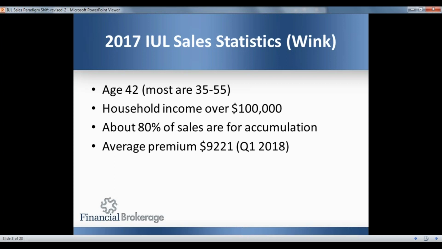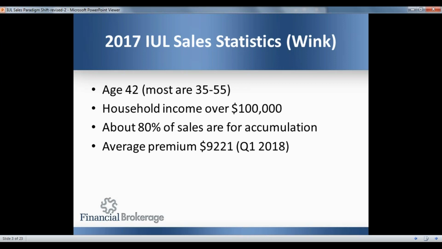Now, I followed these reports for a while, and the average premium did fluctuate, but in every report I've seen, it's been in that $9,000, maybe $10,000 range. So that's the typical average IUL sale, and I'm going to use that for a basis. I'm also going to use as our basis the way that I'm typically asked to run illustrations, which is we're starting with the premium.